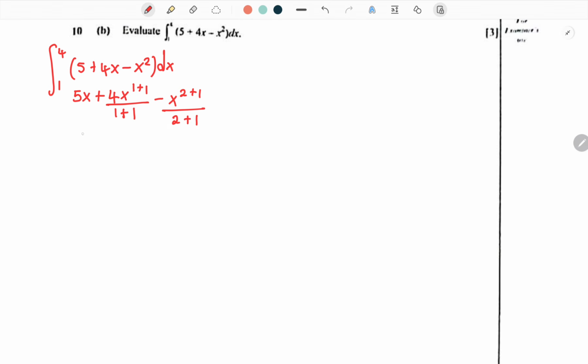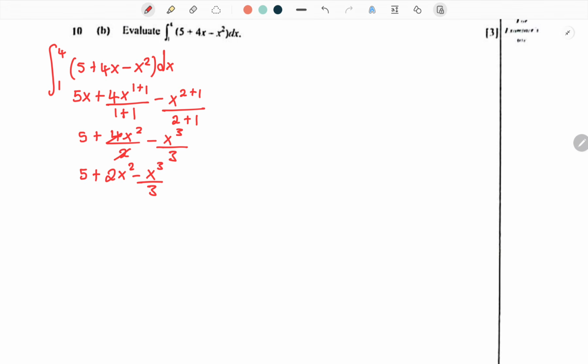So we are going to have 5x plus 4x to the power 2 over 2 minus x to the power 3 over 3. Notice that this is going to be 5x plus 2x to the power 2 minus x to the power 3 over 3.